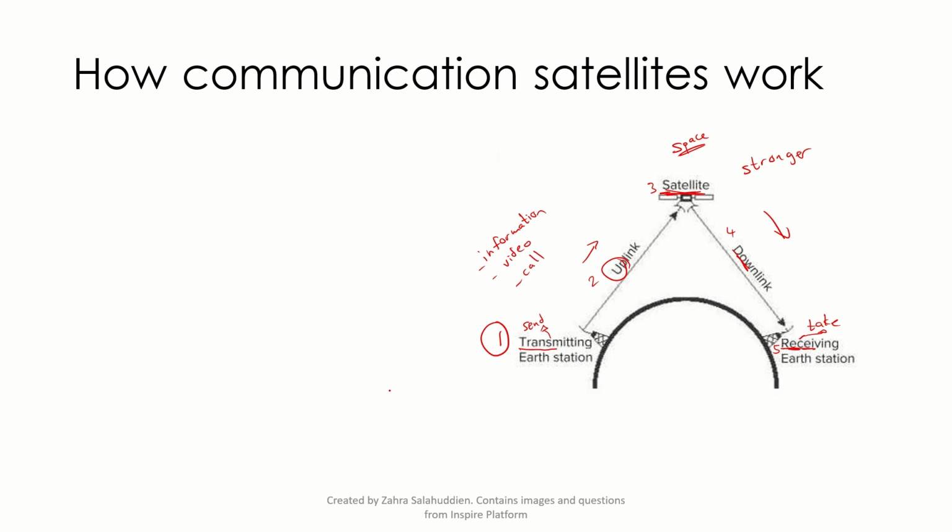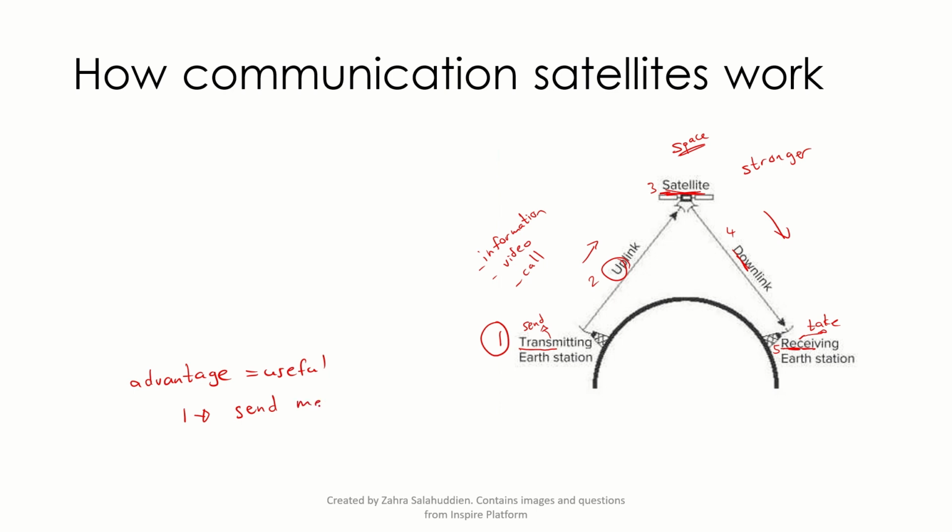So why is this type of communication useful? What is an advantage? Advantage means why is it useful? Why do we use it? Well, number one, we can send messages and we can phone people. We can send information, videos, many types of ways to communicate to people in places that are far away where maybe the normal phone will not work.